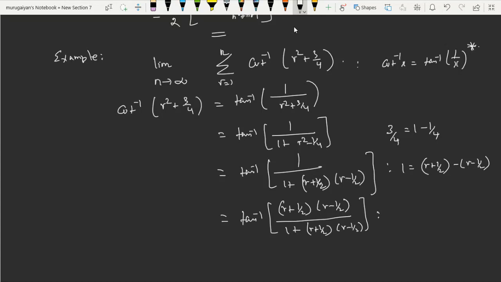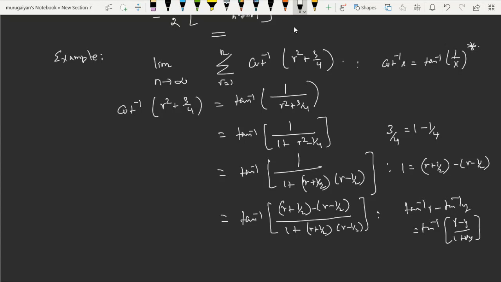Remember student, this is of the form tan inverse x minus tan inverse y, which is nothing but tan inverse of x minus y by 1 plus xy. So this is of the form.